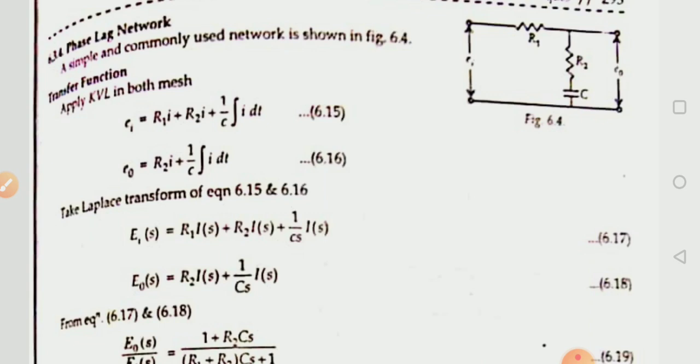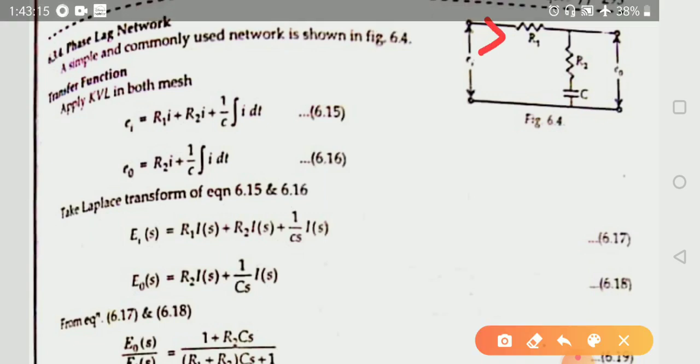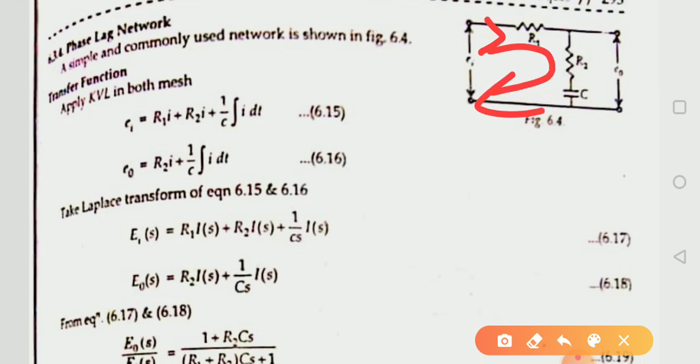When the current I flows in this circuit, we can write the equation: I into R1 plus I into R2, and for the capacitor C the voltage is 1 over C times the integration of I dt.